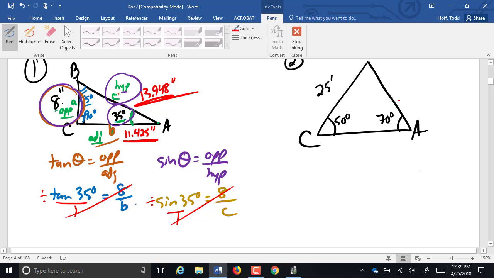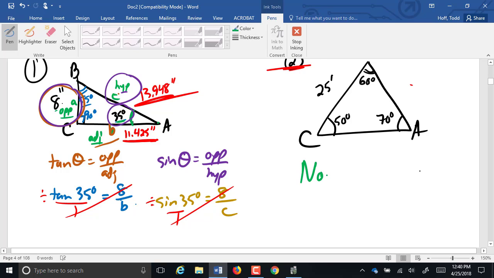Now, if we'd had a little more time and you went to try to solve this one, what do you notice about it? This angle here has to be 60 degrees, good, because they have to add up to 180. So what does that tell us as far as our trig?